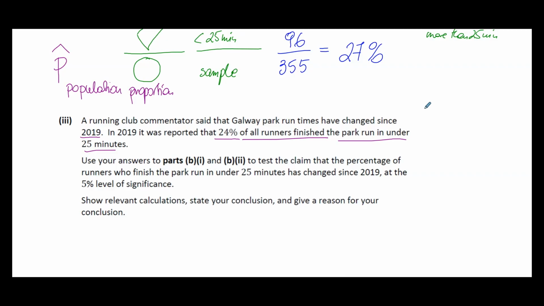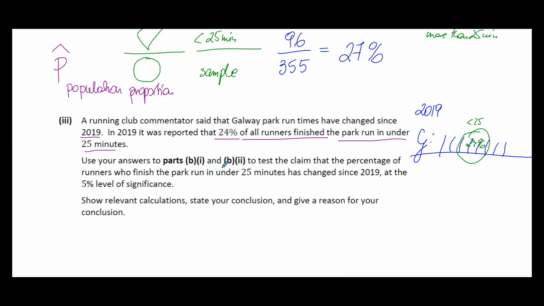So again, let's understand, there is 2019, there is a Galway race, and we have all these people, all, not some, and in all those people, there is a part that is 24%, and they ran fast, in less than 25 minutes.